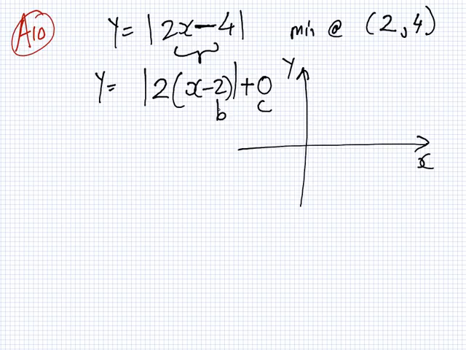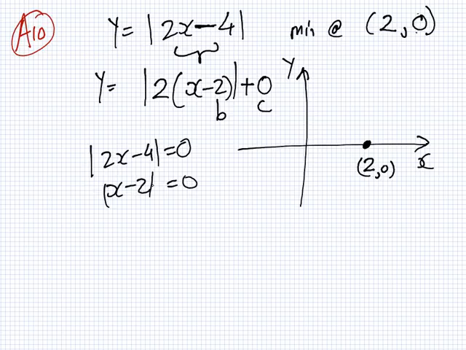Oh, sorry, I wrote 4, didn't I? Sorry, my mistake. Yes, you're right. That should be 0. So that's here, at 2, 0. Okay, and then where it crosses the x-axis, well, the first thing I'll do is I'll divide by 2.